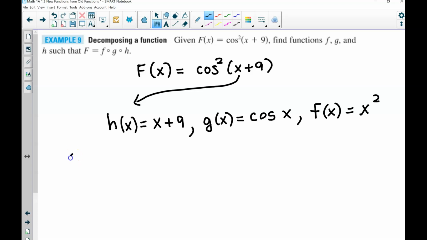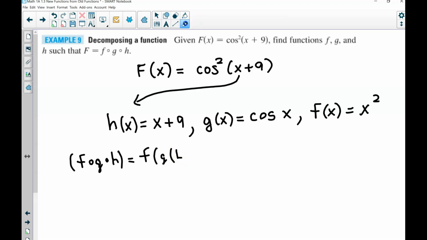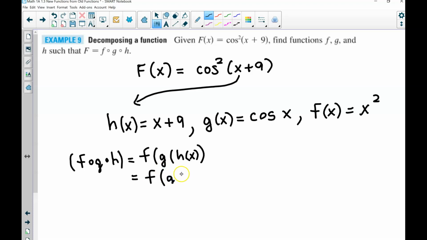So if we look at this, like we did in a previous example, and find the composite of all three of these functions, again using the definition, we would see that h of x represents the first input, which is x plus 9.